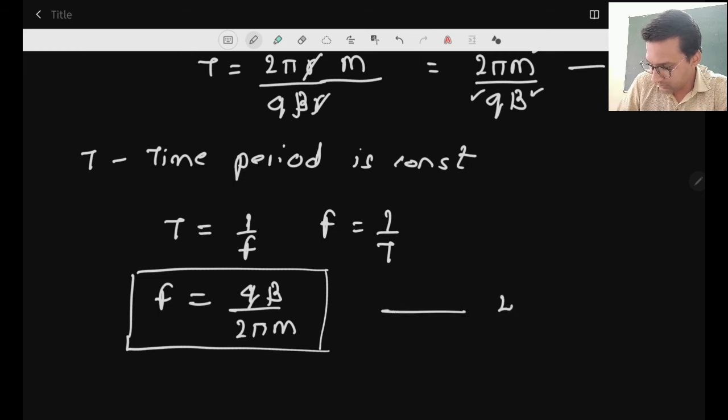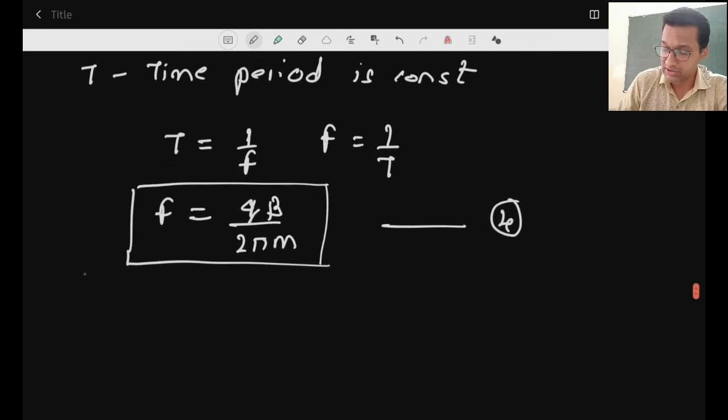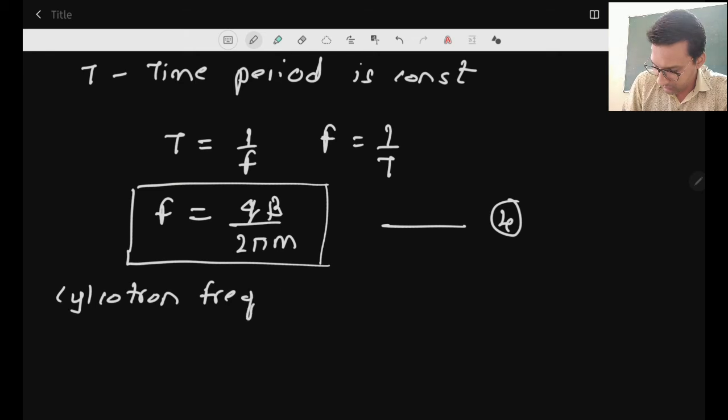This is equation number 4. Now this is the frequency. Again, the frequency will also be constant. It will not depend on the velocity, because there is no velocity in the equation. This frequency is also called the cyclotron frequency, or the gyro frequency.